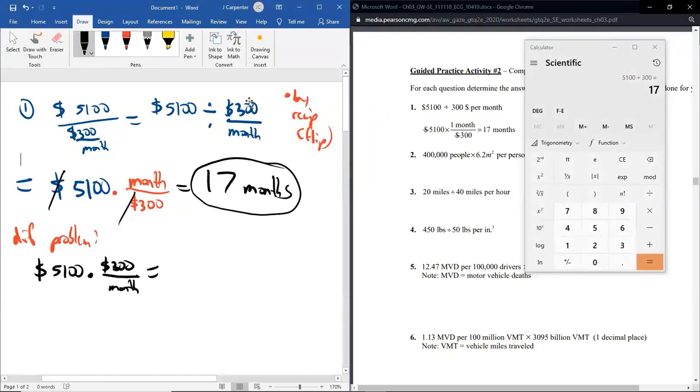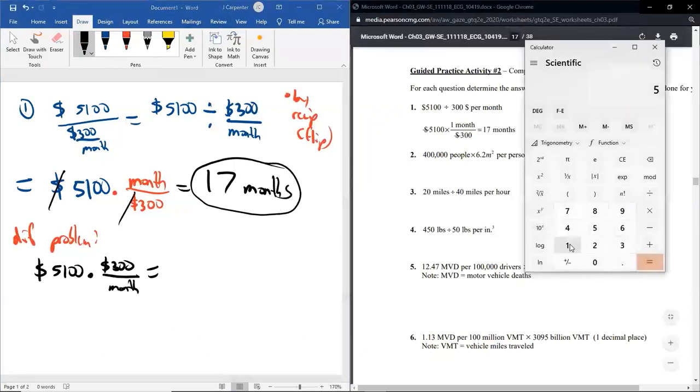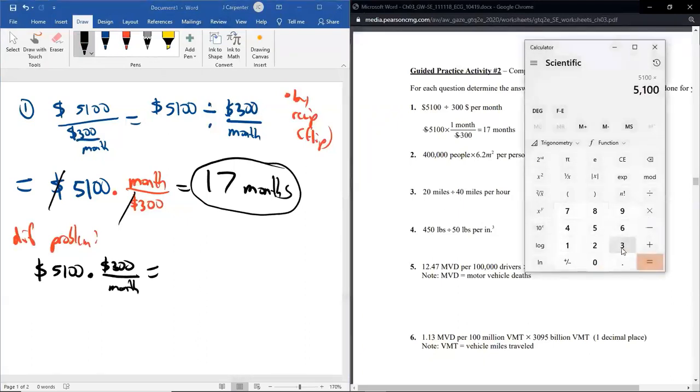Okay, well, the 5,100 times the 300, that's just math, 5,100 times 300, which would give us a big number, 1.53 million. The dollars are not top and bottom, they're both in the top, so they stack, so it's dollars squared. The month is in the bottom.